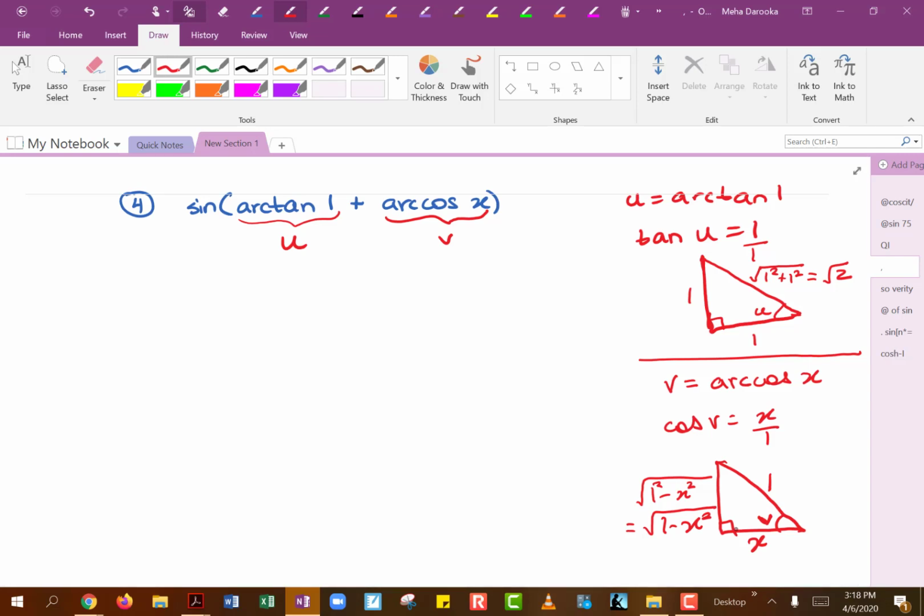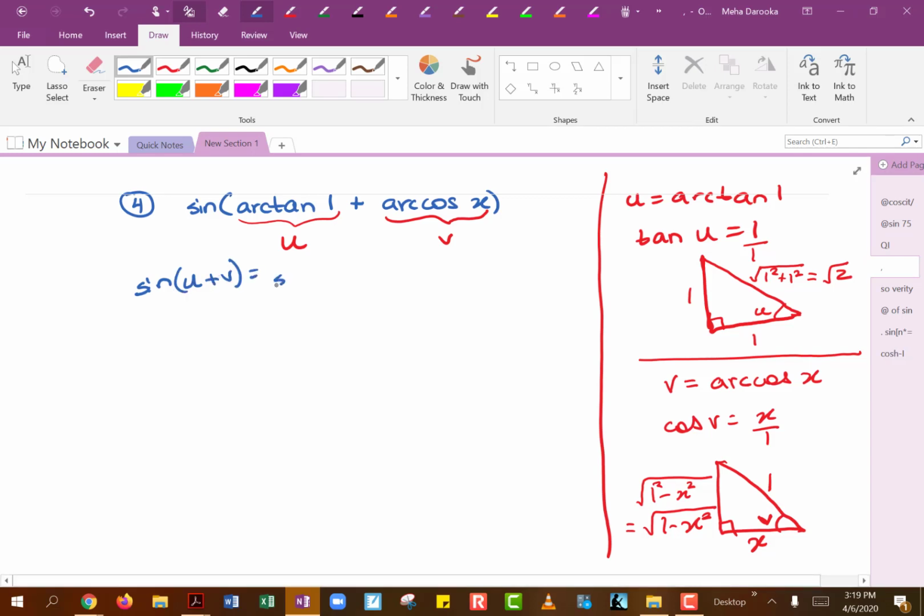Okay, so now if we wanted to use the addition rule for the sine function, this will be sine of u plus v. Let me get my handout so I make sure I don't mess this up.